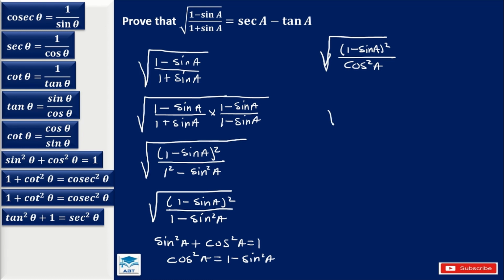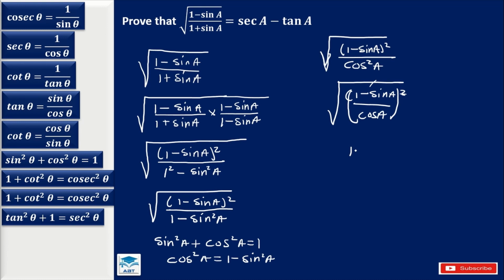And this can be written as 1 minus sine A divided by cos A all squared. So the square is affecting both the numerator and the denominator. So the square can cancel out the square root.